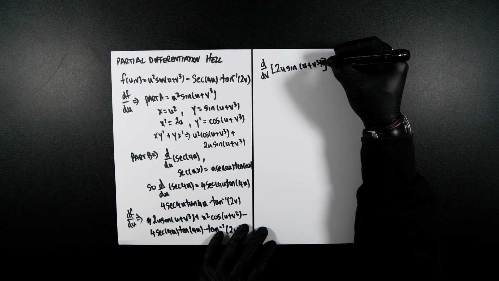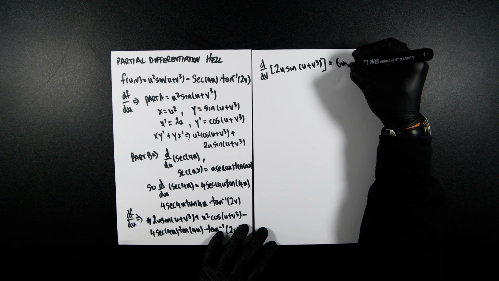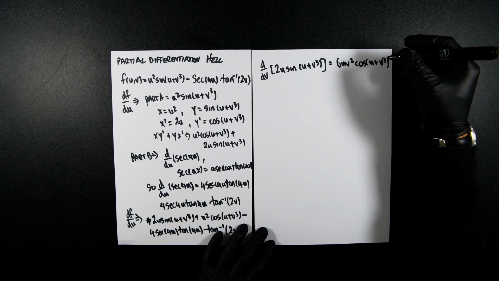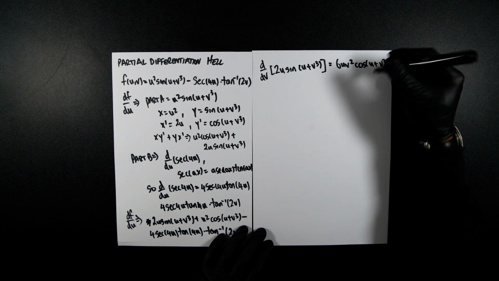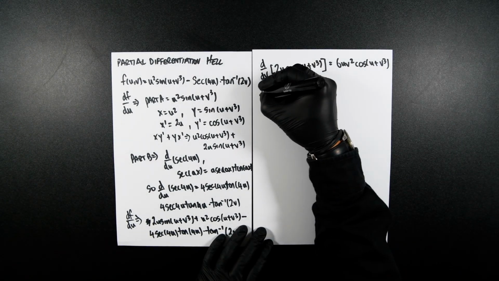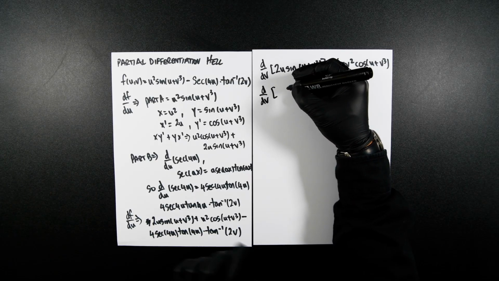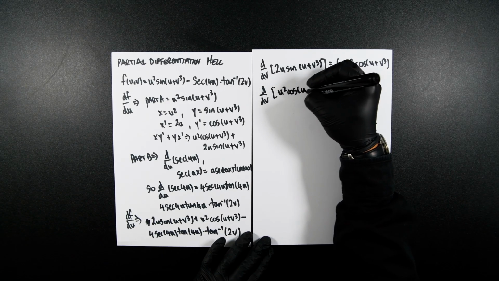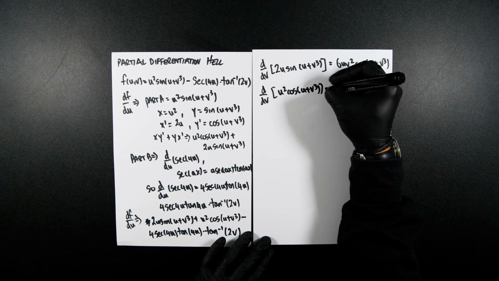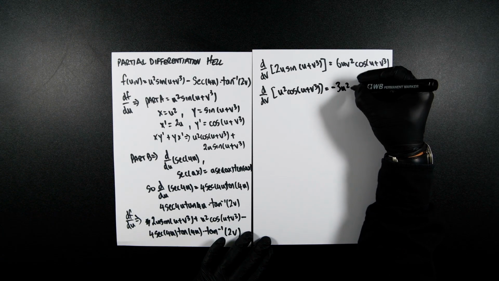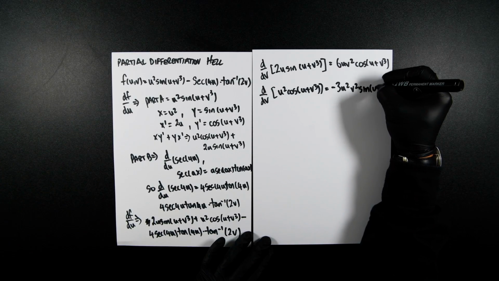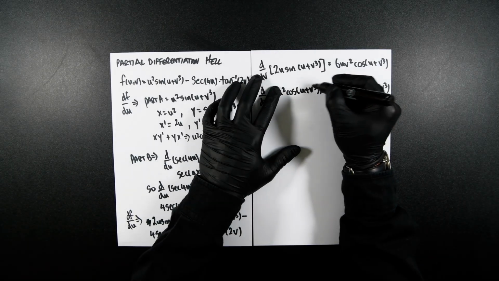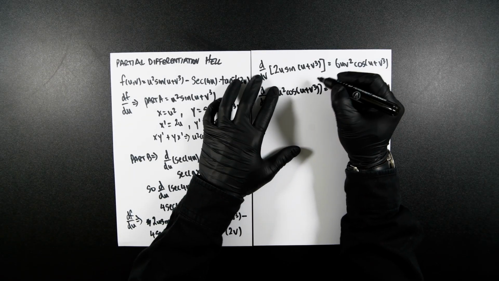That's going to use the chain rule, so that's then obviously going to be 6uv squared cos(u plus v cubed). I don't know why you would be watching this if you don't know how to do the chain rule, but there is a video on the channel going over the chain rule. And now let's move over to the next term, which is going to be u squared cos(u plus v cubed), and that's going to be minus 3u squared v squared sine(u plus v cubed). So obviously we have ignored this, we're just differentiating this again with respect to v.